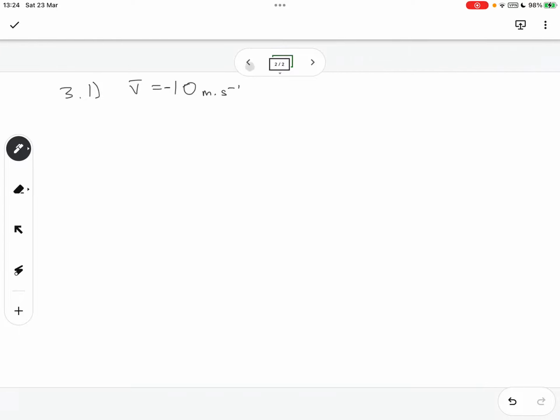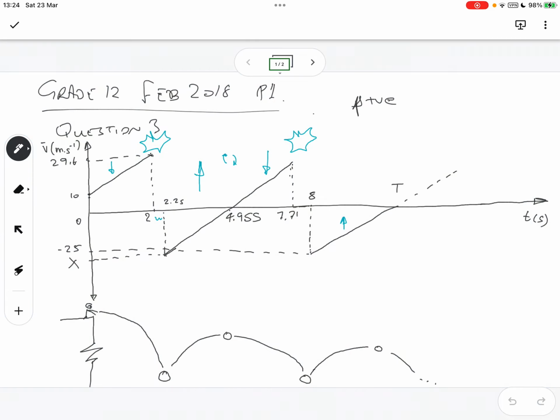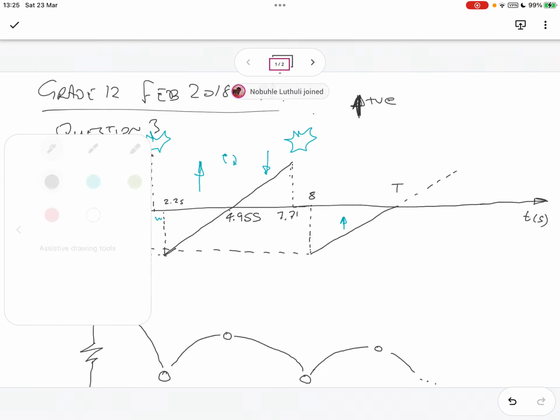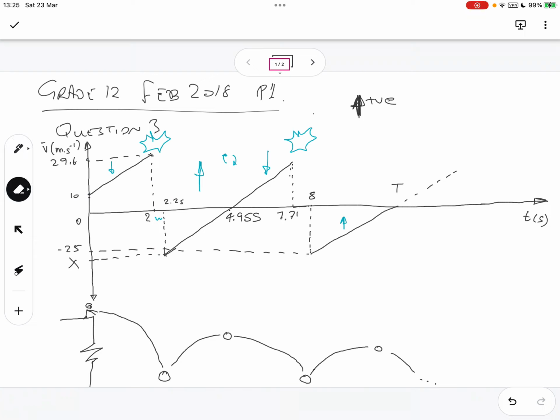But now the convention is that upwards is positive. Why is upwards positive? Because here the magnitude of velocity is increasing, which shows in the graph itself because it slopes up. So it shows that it's an increasing function. I'm wrong to say upwards is positive.